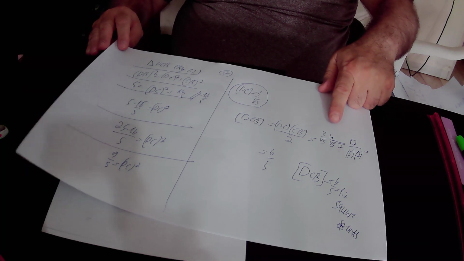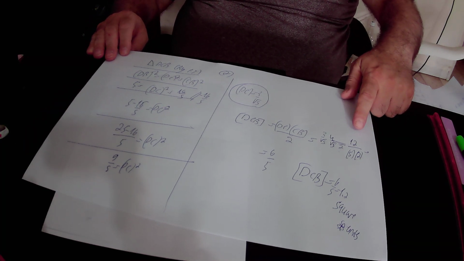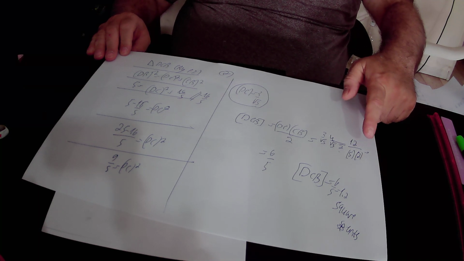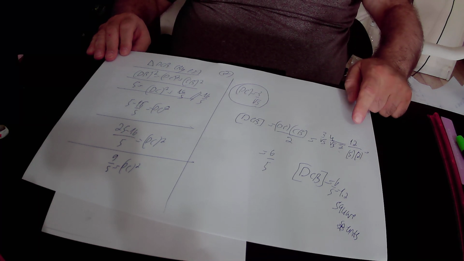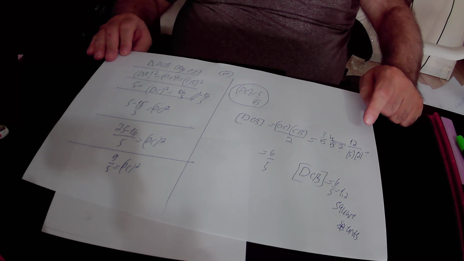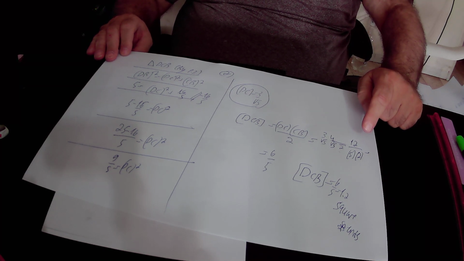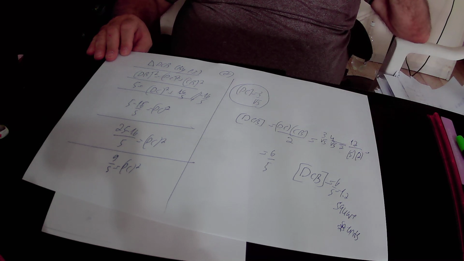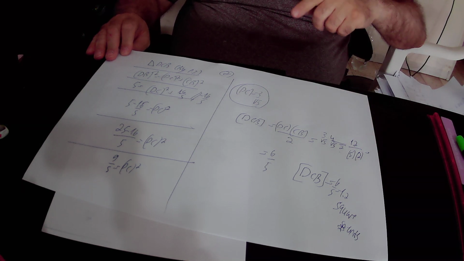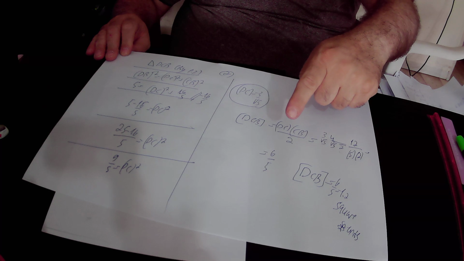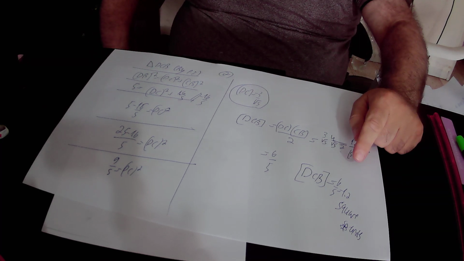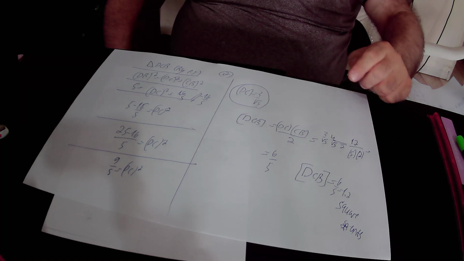Here 3 times 4 is 12. In the denominator we have square root of 5 times square root of 5 is 5, times 2. 12 over 2 is 6, so in the numerator we are left with 6, and in the denominator only 5. So in conclusion, the area of the right blue triangle DCB equals 6 over 5 square units, or in decimal terms, 1.2 square units.